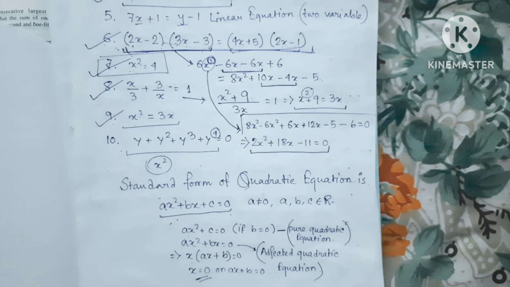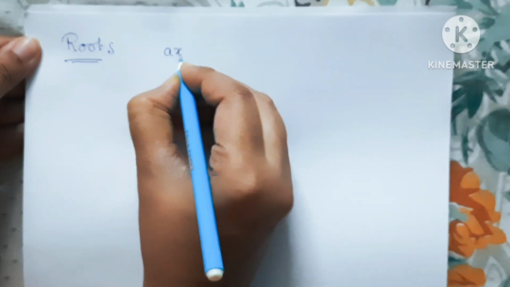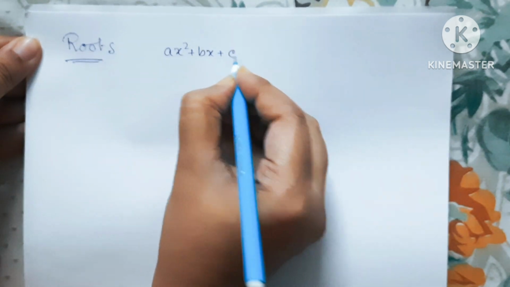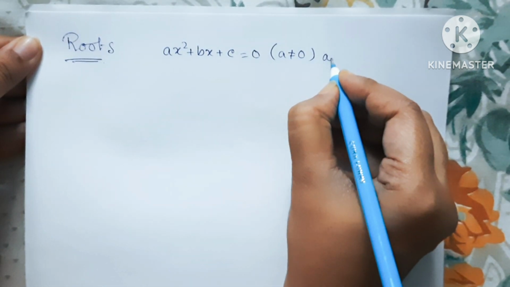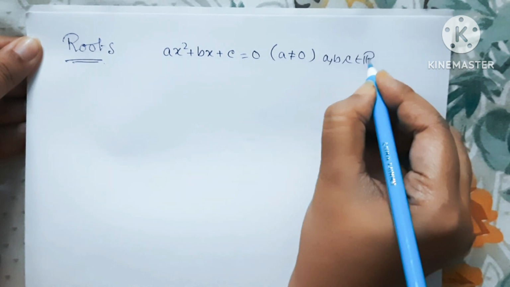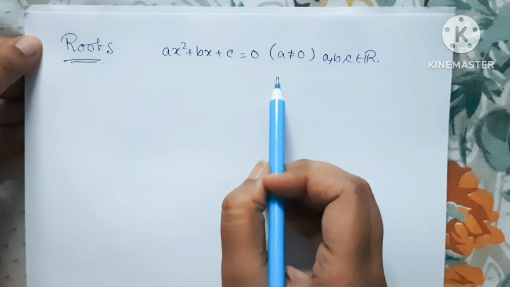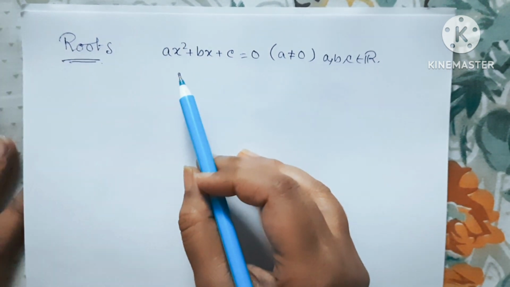Okay, what do you mean by roots of a quadratic equation? If you have a quadratic equation, how many roots would you get? ax square plus bx plus c equal to 0, a not equal to 0, and a, b, c belong to R. So that is the standard form of quadratic equation.